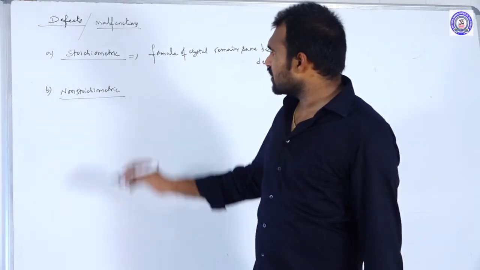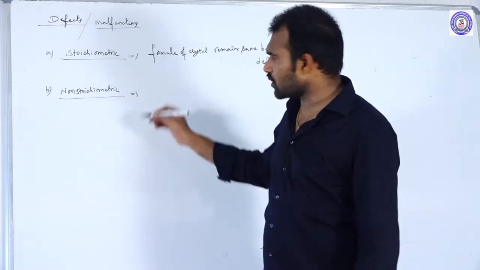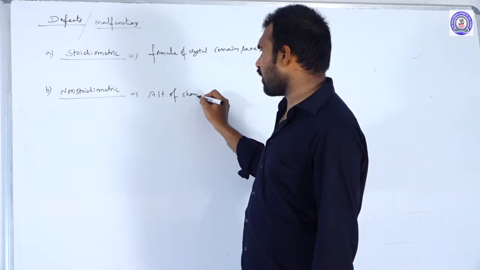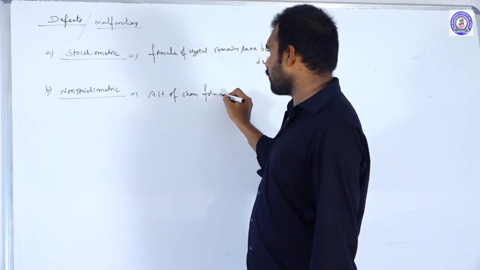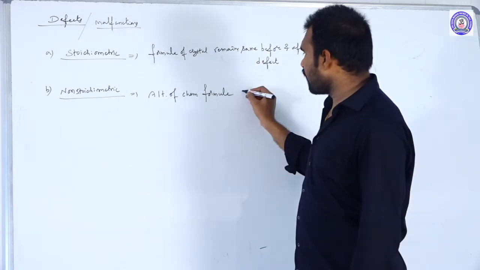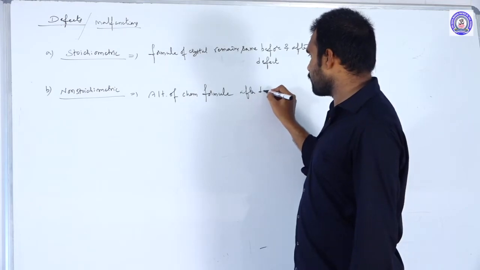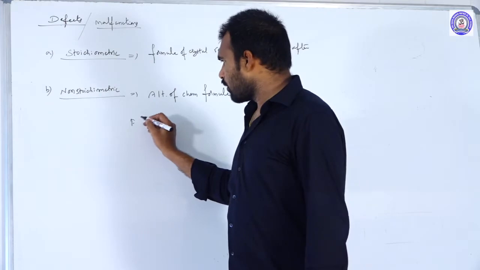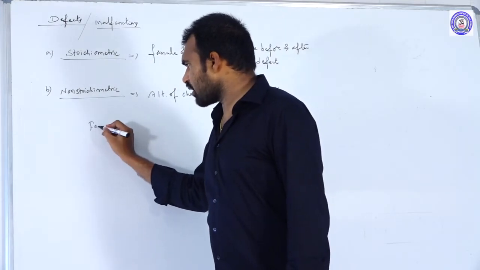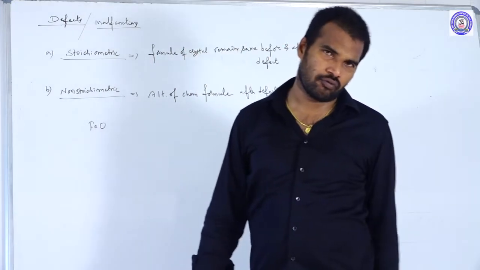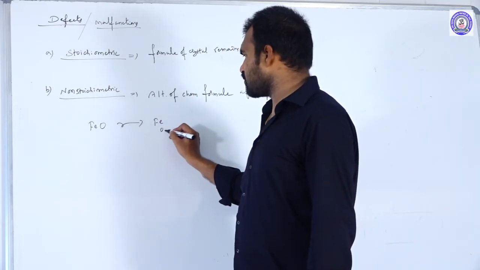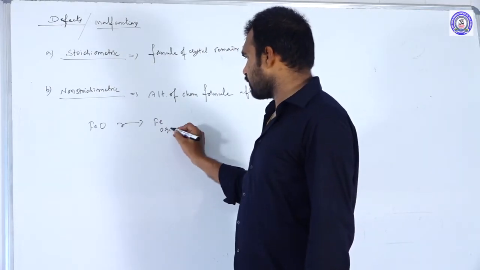Non-stoichiometric defects means there is a variation, an alteration of the chemical formula after defects. The best example: before the defects, iron oxide has the formula FeO, but after the defect it becomes Fe0.93O.